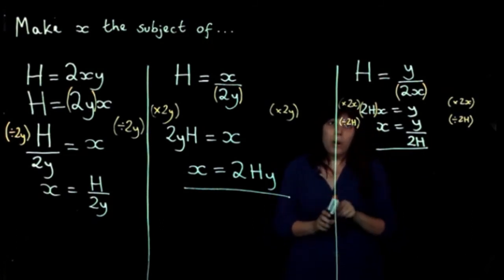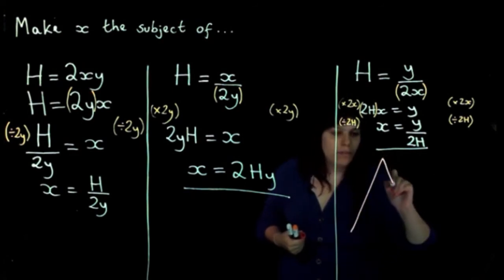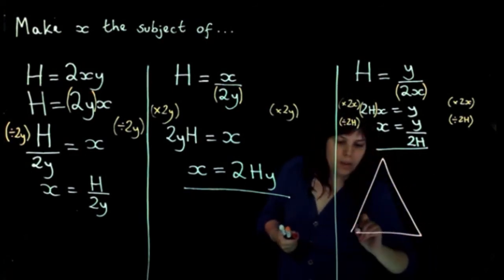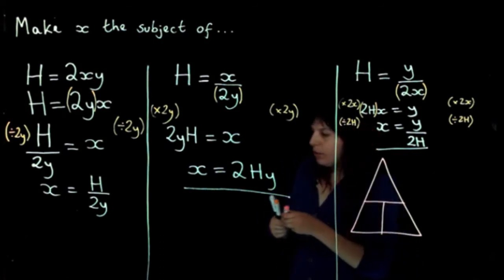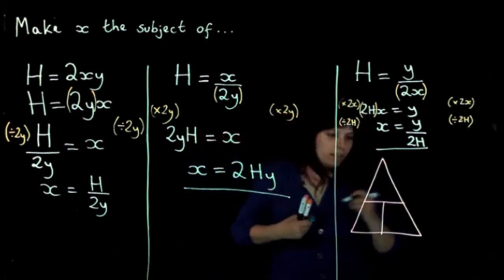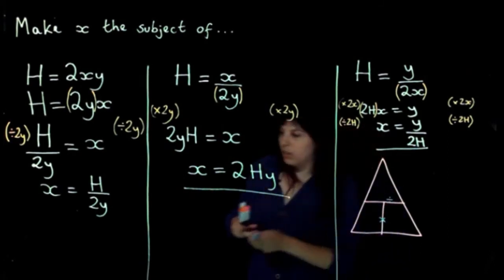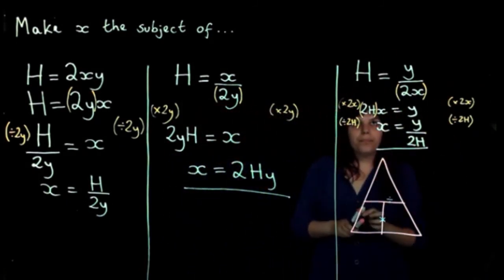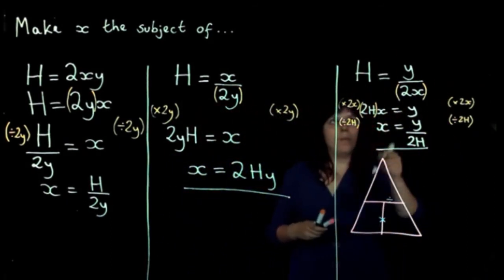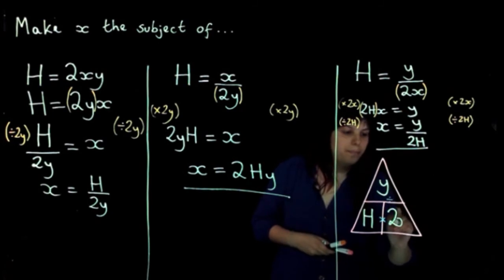Now I'm going to show you my other way of doing it, and it's really easy if you use this method. So I'm going to draw my rearranging triangle. Remember, this horizontal line means divide and the vertical line means times. So I'm going to go back to my question, and I'm going to put in the top bit, the numerator, h, and we've got 2x.